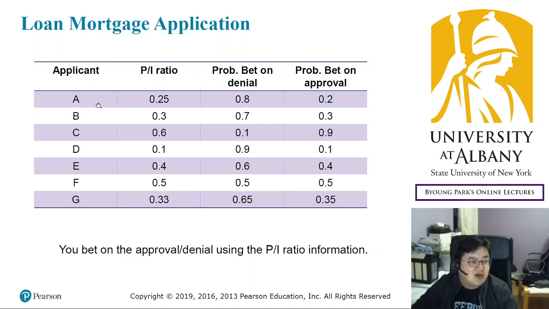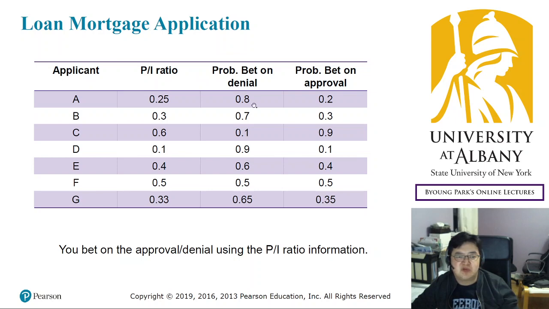Suppose that there are 7 applicants observed, A, B, C, D, E, F, G. Now you are playing the same game. You have to bet for each individual on how likely he or she is to be denied or approved.